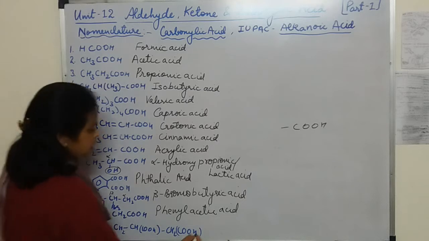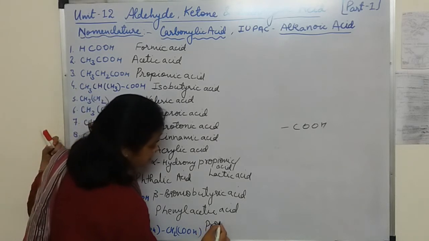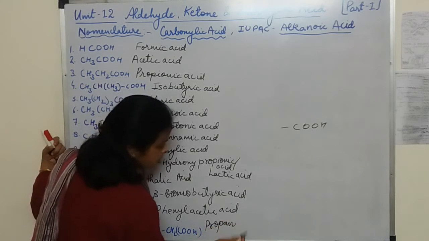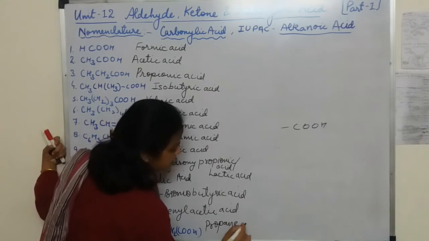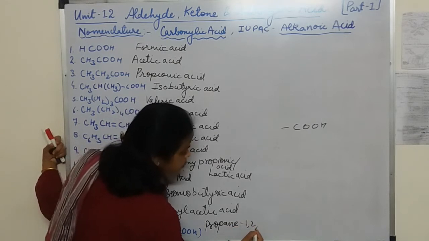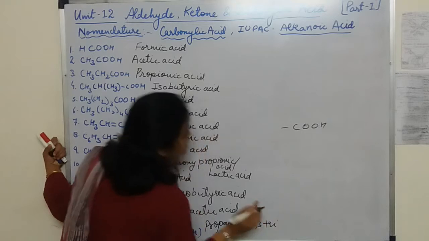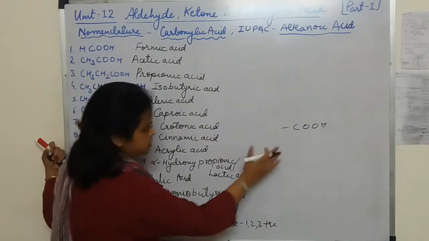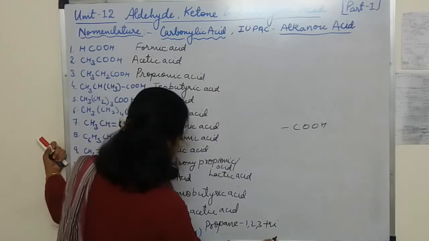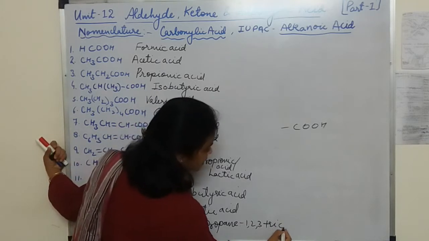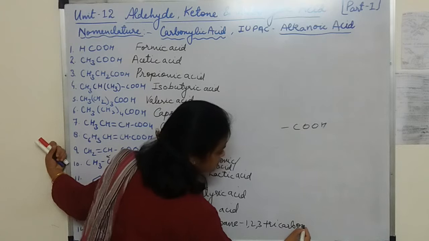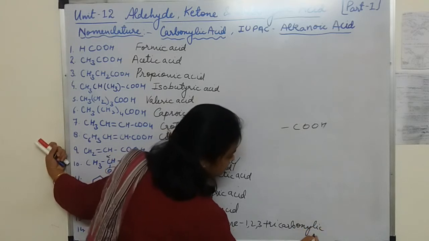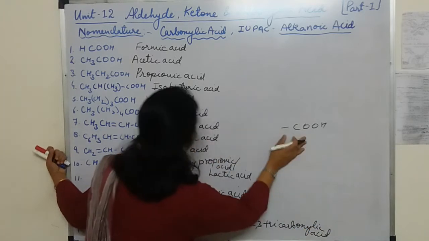So what will we write as the name? Propane, then 1, 2, 3, tri. Students, after this we will write the IUPAC name here only. Okay. So just don't get confused about this. Propane 1, 2, 3, tricarboxylic acid. We will continue over here.